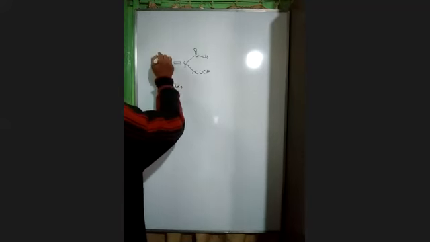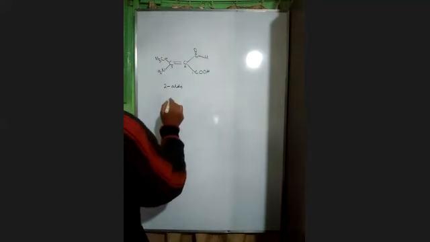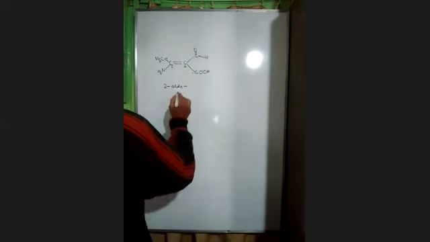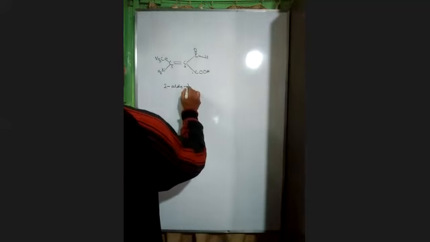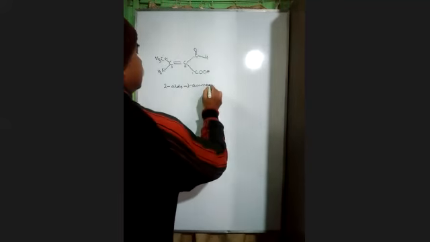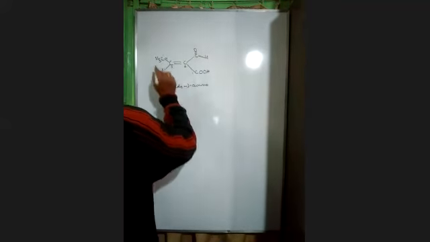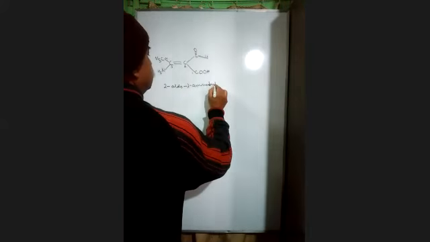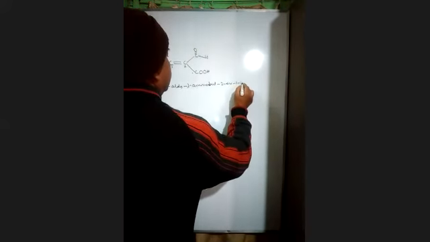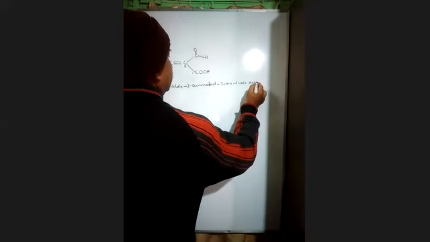Sorry, not 4. 4 is here. 2-aldo. Then 3-amino, then 1, 2, 3, 4. So it is but-2-en-1-oic acid. Or you need to write 1 also. 2-enoic acid you can write.